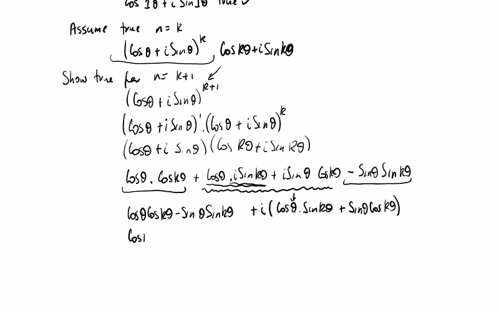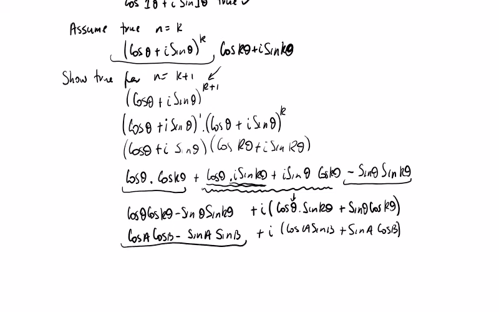So let's write that out. We have cos A cos B minus sine A sine B plus i times cos A sine B plus sine A cos B. So go to your formula booklet, always within this make sure you write out the correct identity.